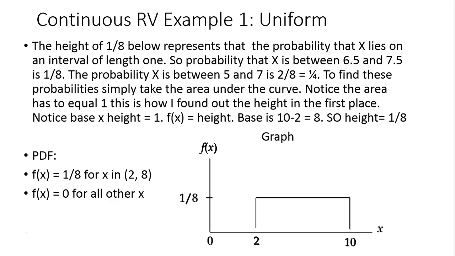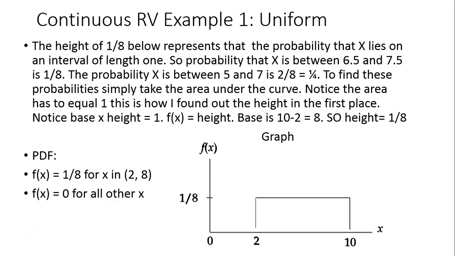How did I find out it's 1/8? Well, the total probability, that means getting a number between 2 and 10, has to be 1. Since the length of the base between 2 and 10 is 8 units long, I multiply base times height, and that has to be 1. So my height has to be 1/8 in order for the area to be 1.